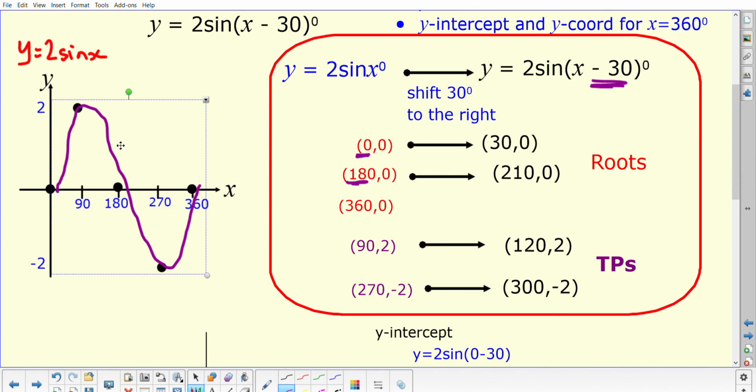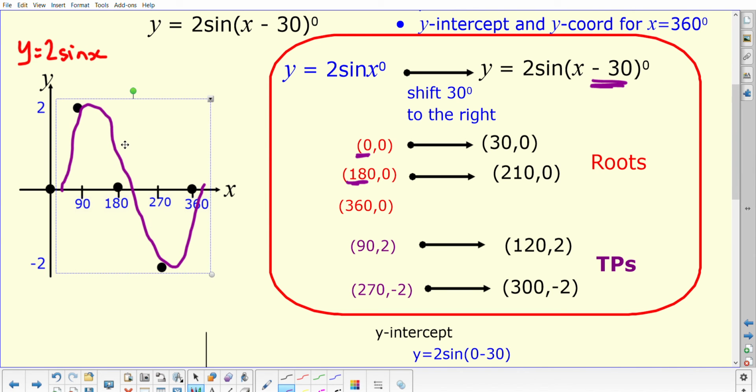When you move your graph to the right like this, it looks like your starting point would move to here, but remember the graph is continuous, so you will need to make sure that you continue that down, and also this bit here of your graph would then be beyond the 360, so that's why we need to line up the y-intercept and also the final point.